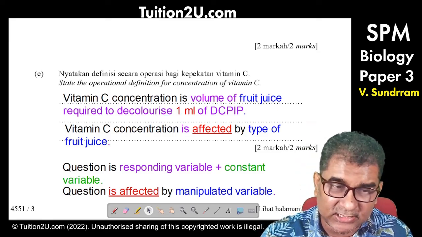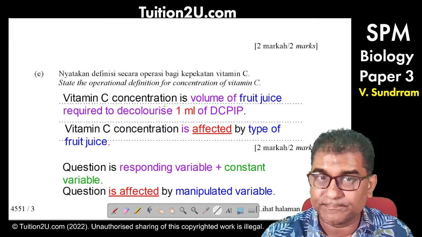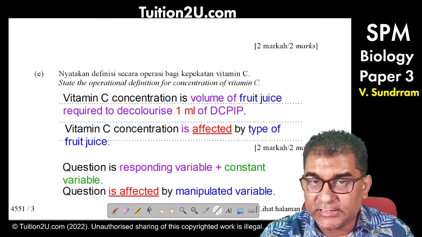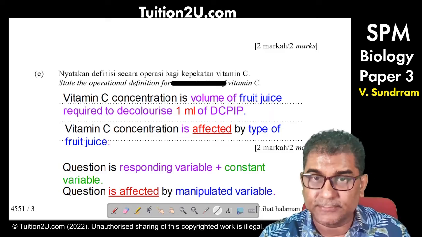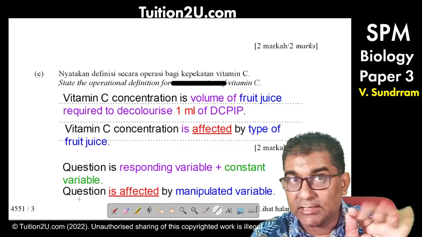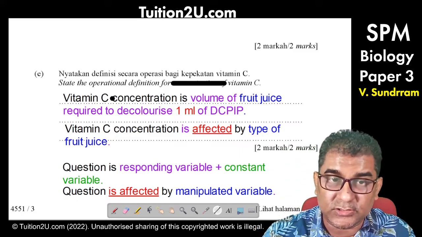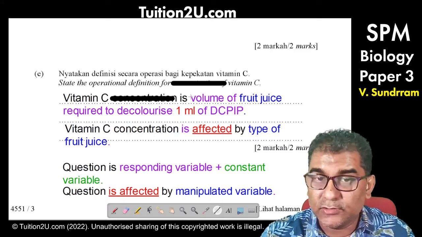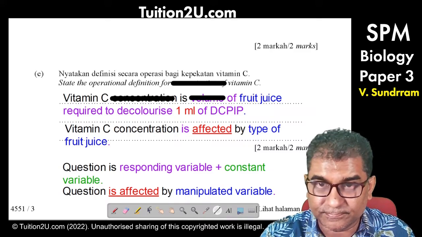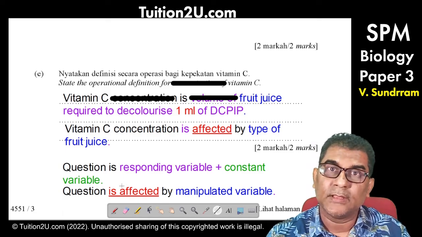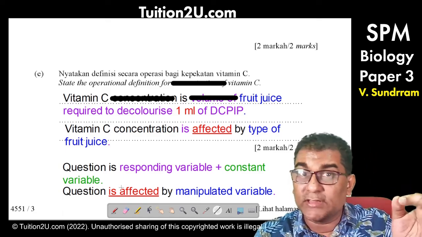If let's say the same question was operational definition of vitamin C. If they ask you operational definition of vitamin C, what you need to do is you need to remove this and you need to remove this. That is quantitative.